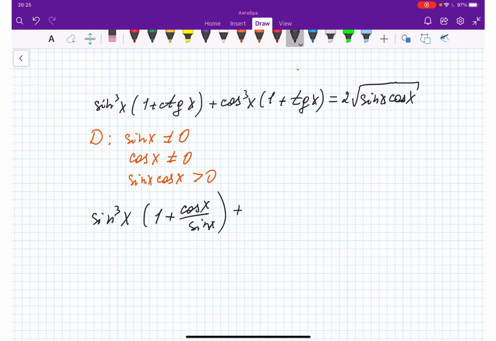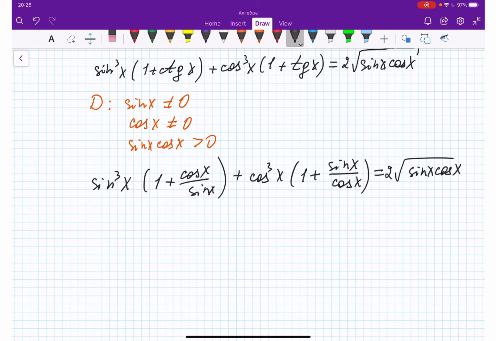Usually when you are solving an equation with different trig functions, the best way is to bring them to the same level, like tangent and cotangent, or sine and cosine. I chose to bring it down to sine and cosine because it's easy to work with and many more formulas are related to sine and cosine. Plus cosine cubed x times (1 plus sine x over cosine x), and that is equal to twice the square root of sine x cosine x.